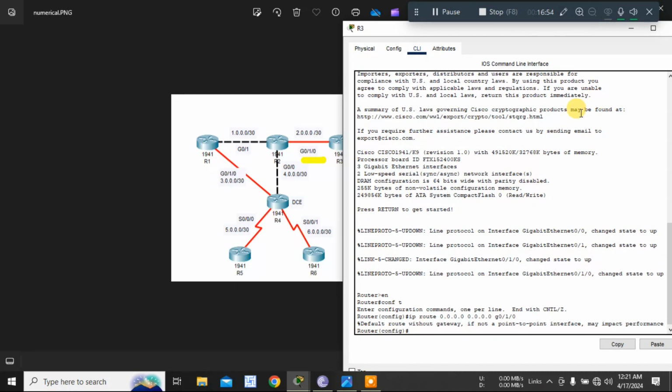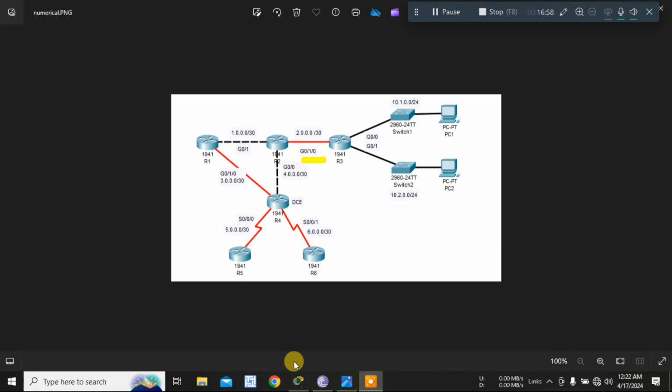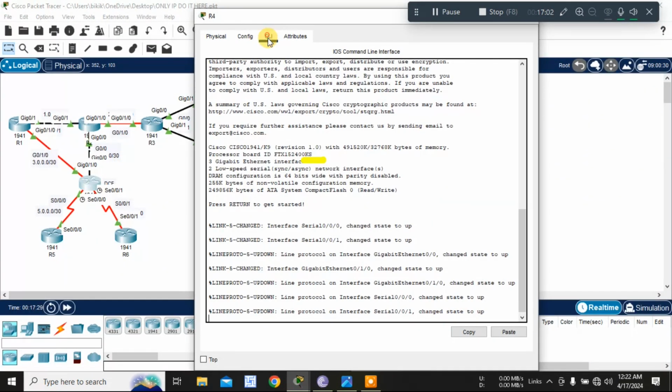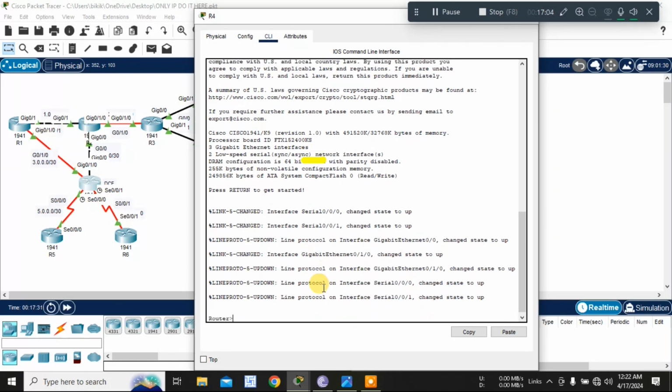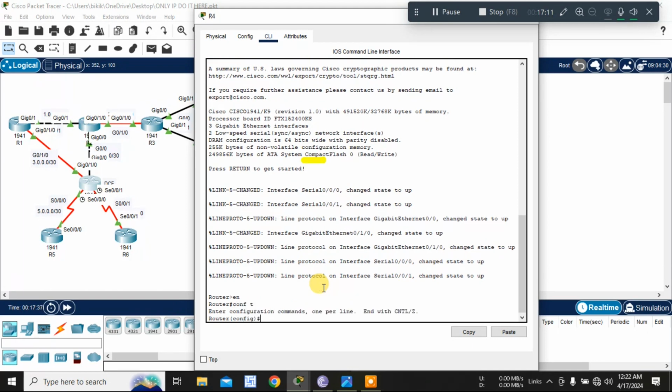Done. Now let me move to router number 4. In this router number 4, I need to do IP route.